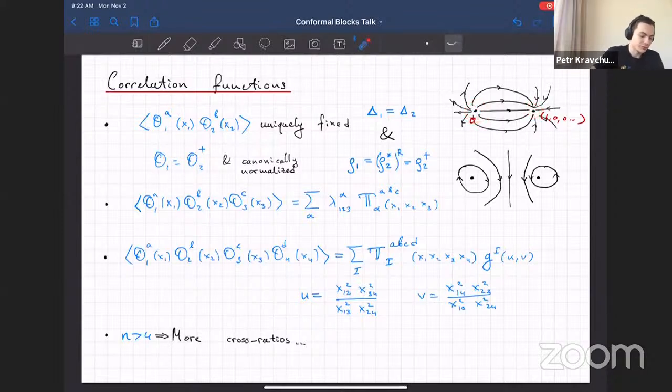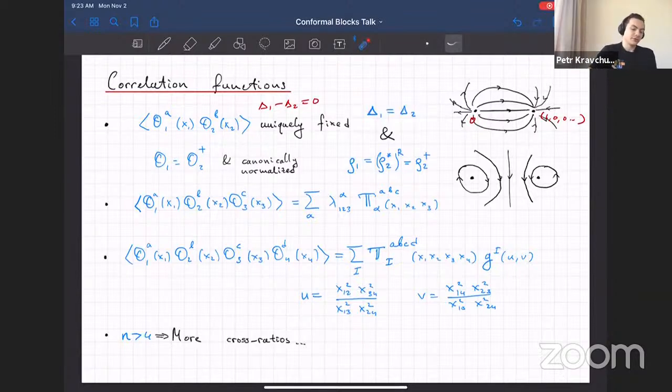So when you apply the symmetry to this 2-point function, it rescales one operator with scaling dimension delta 1 and the other operator with scaling dimension minus delta 2, where delta 1 and delta 2 are the scaling dimensions of O1 and O2. The reason is that it zooms out on one and zooms in on the other. For the 2-point function to remain invariant, delta 1 minus delta 2 has to be equal to 0. So the 2-point function can only be invariant if delta 1 is equal to delta 2.